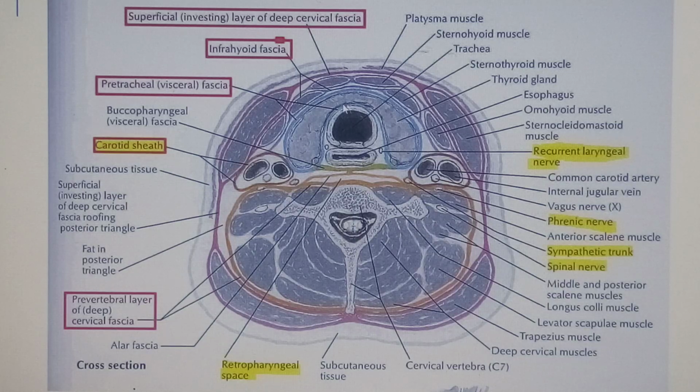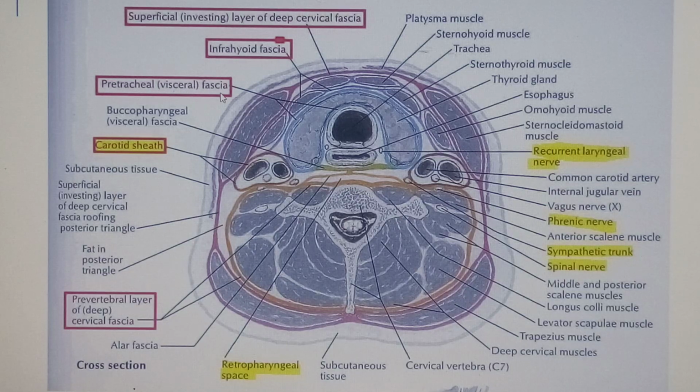They are included within this pretracheal fascia. But my friends, all these viscera included in this pretracheal fascia form a layer. That layer is called the visceral layer of the pretracheal fascia.